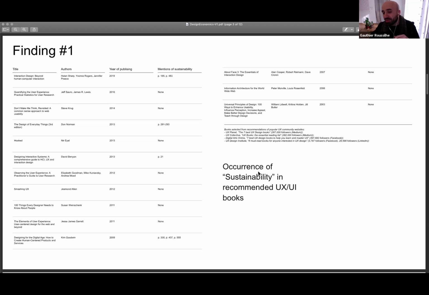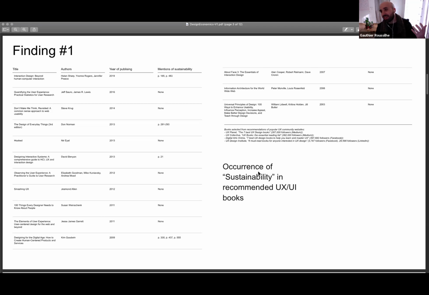So the first question was why in any of these big books there is no mention of sustainability or of natural resources, or of the material implication of designing a digital service, because it has material implications. We just don't know it, and we are not trained to know it.